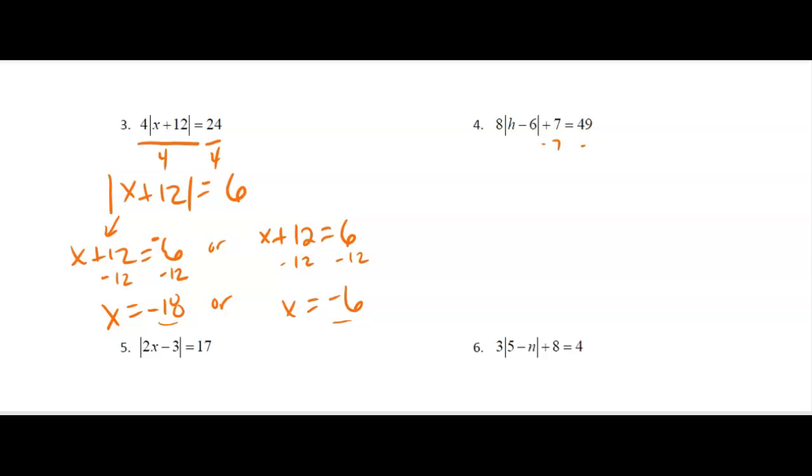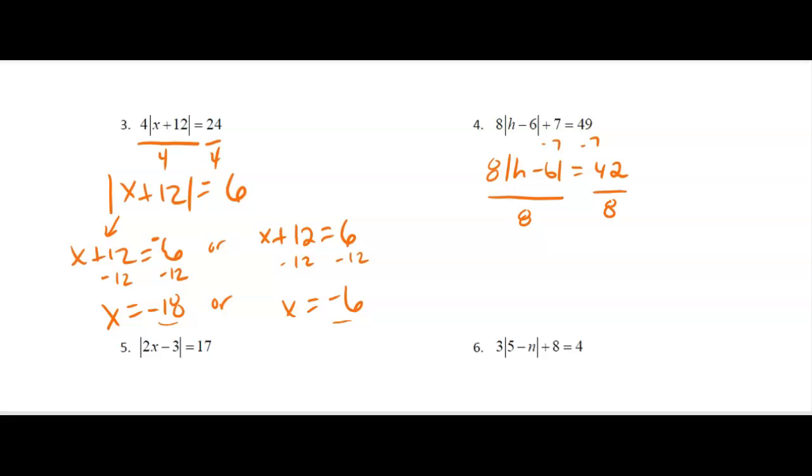So I subtract 7 here. Kind of getting into this two-step equation stuff. And then 8 times the absolute value of h minus 6 equals 42. Divide both sides by 8.